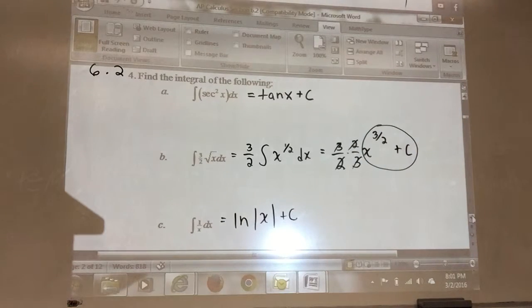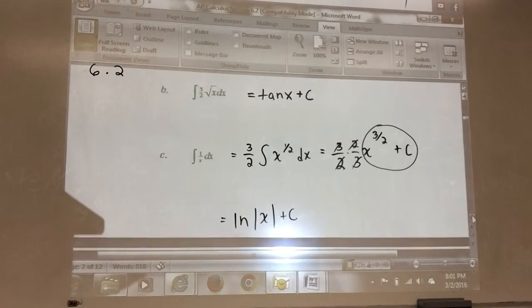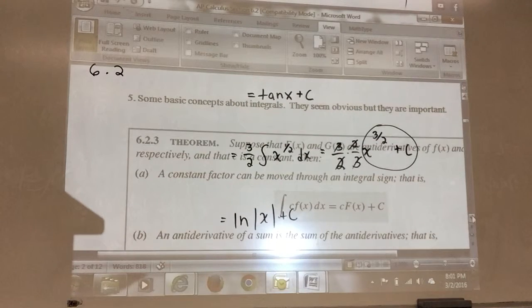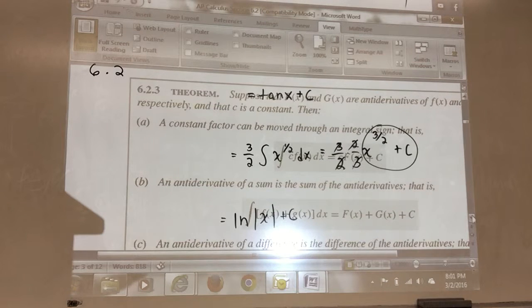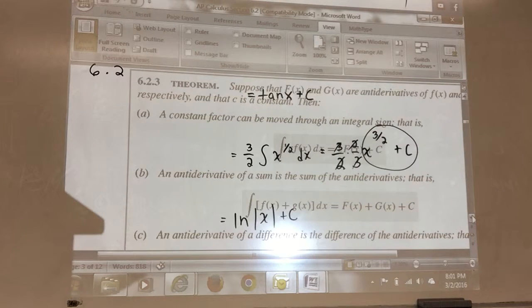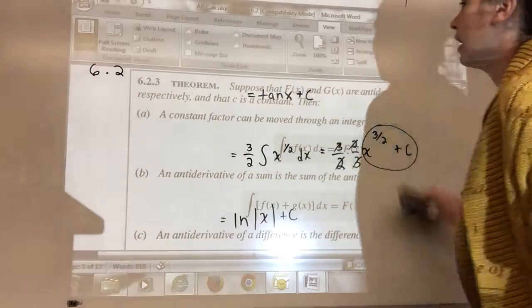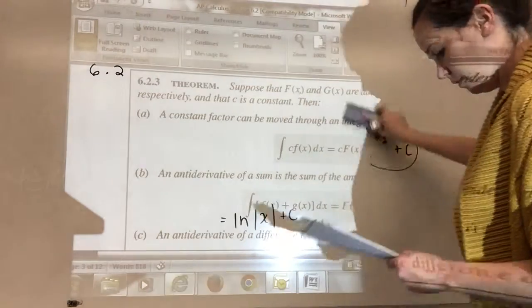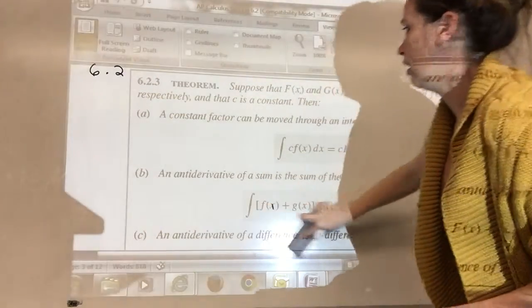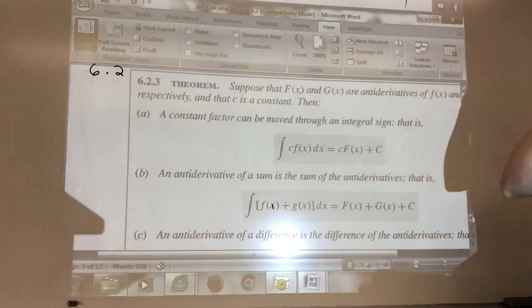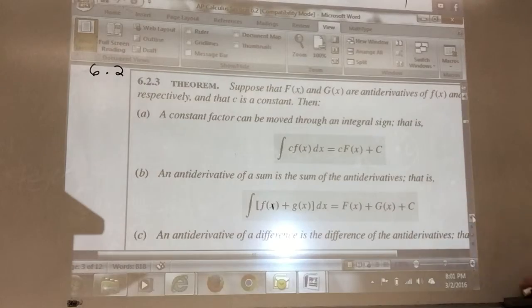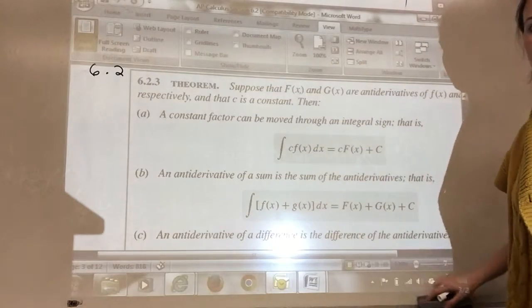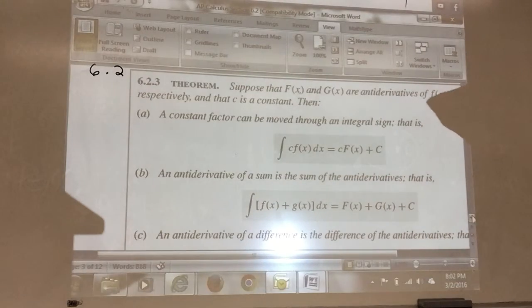Okay? Next, if we move along, we have some basics. Okay, so this looks a little bit different than your notes, but very similar. The first thing here, number 5, for you guys, 5a, it just says again that the constant can be moved through the integration symbol. So I just did that in one of our examples, and that's the same as a derivative, so that's no big deal.